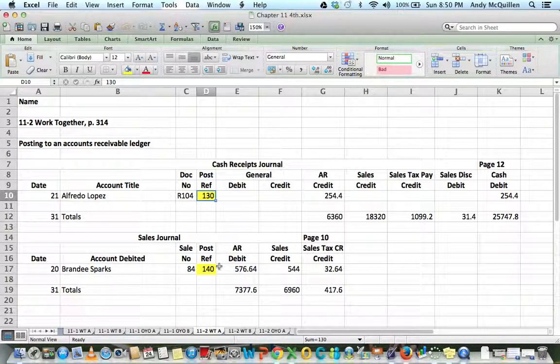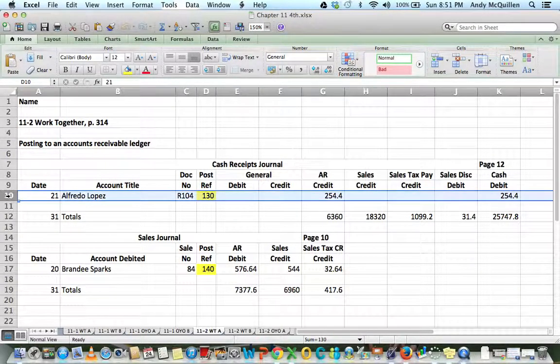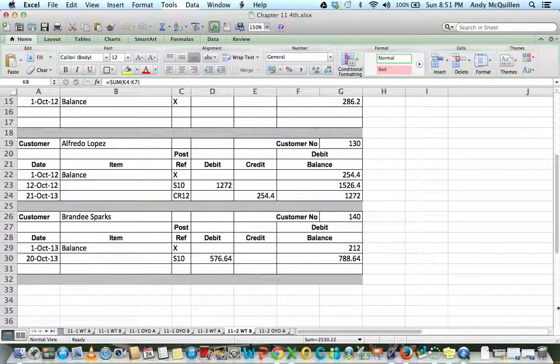The next one tells us to post the accounts receivable credit of the cash receipts journal to the accounts receivable account for Alfredo Lopez. Okay, that's right here. 21st of October, Alfredo Lopez, we have an accounts receivable credit of 254.4. So we go back to this accounts receivable ledger.